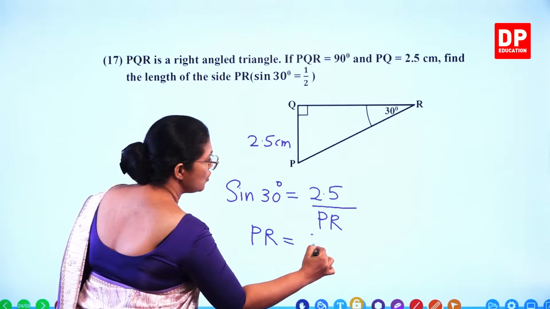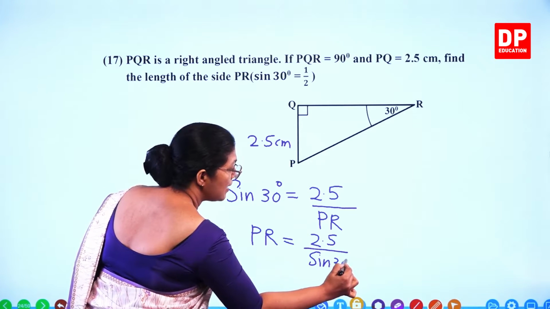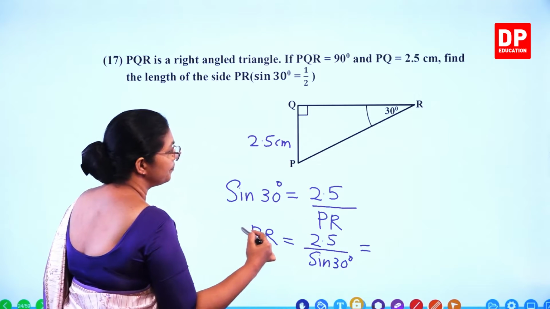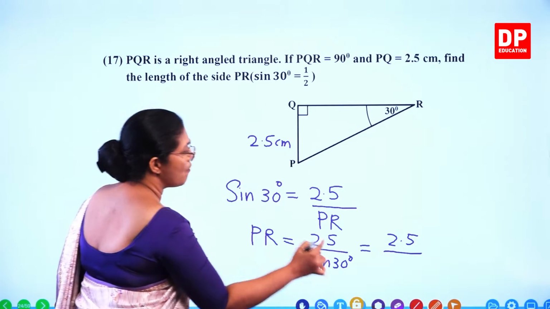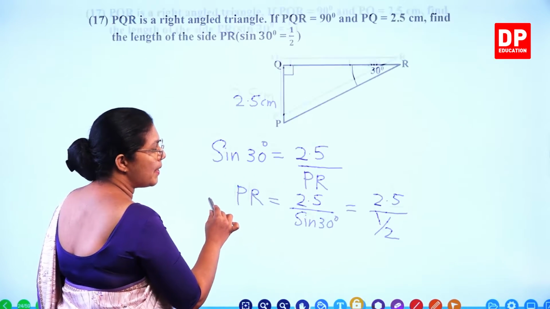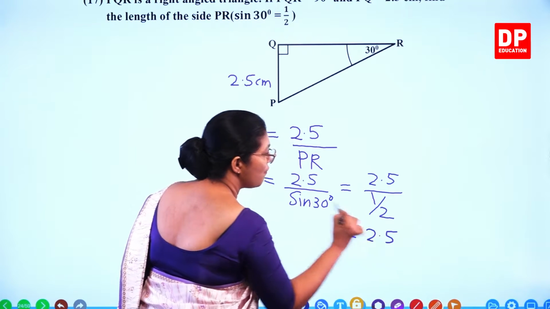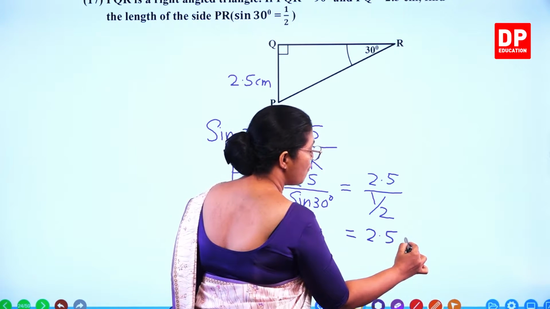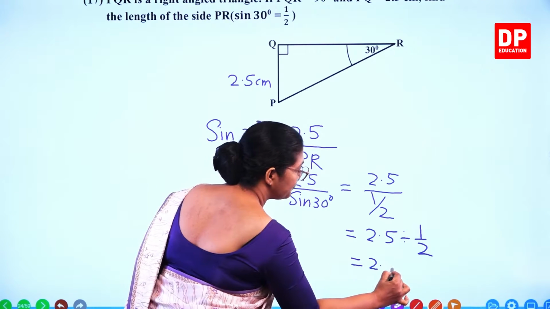Cross multiplication, you get 2.5 divided by sine 30, but the sine 30 value is given. Sine 30 is half. Divide by half, what happens? Division becomes multiplication with the reciprocal. So, 2.5 divided by half becomes multiplied by 2.